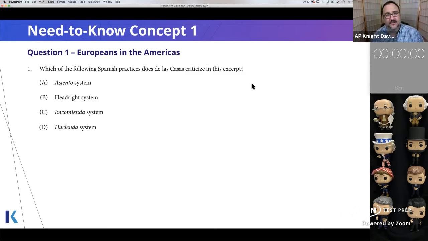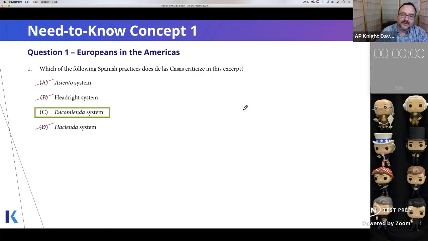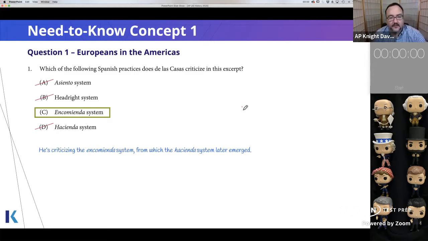In this particular case, the answer is the encomienda system. The hacienda system developed from the encomienda system. The encomienda system is basically them taking lands and saying, oh, but you can stay here and work on it. Well, thanks.